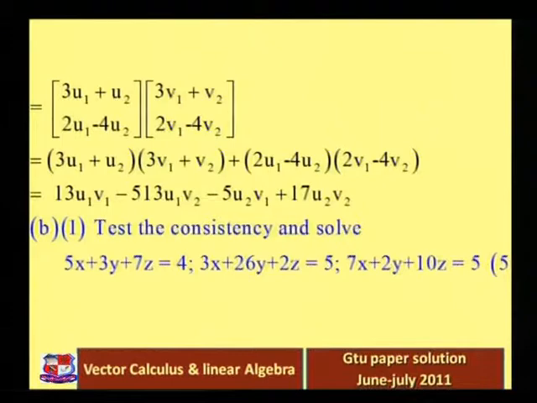So we multiply 3 u1 plus u2 into 3 v1 plus v2, plus 2 u1 minus 4 u2 into 2 v1 minus 4 v2. So that is equal to 13 u1 v1 minus 5 u1 v2 minus 5 u2 v1 plus 17 u2 v2.